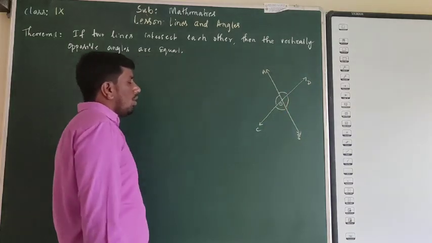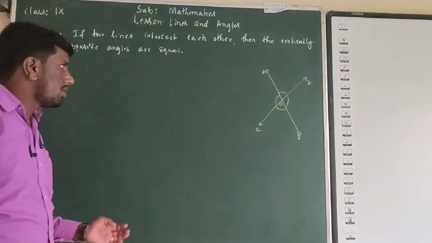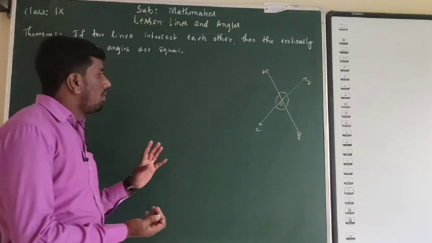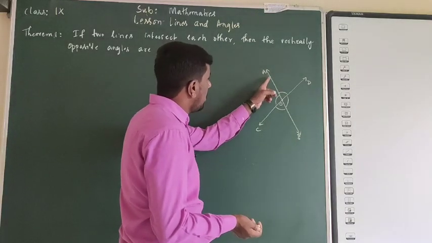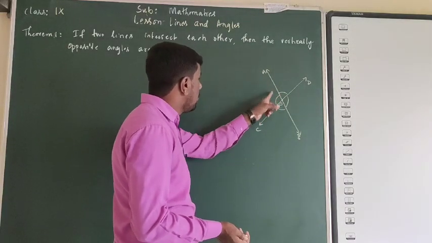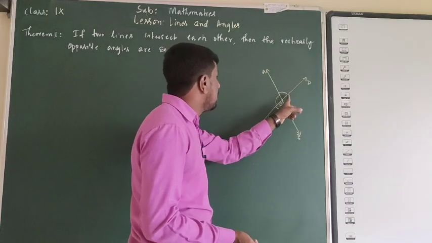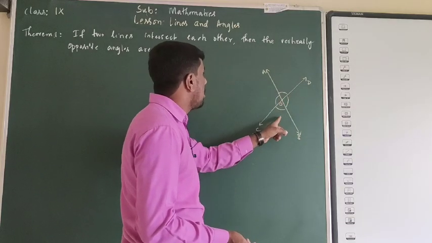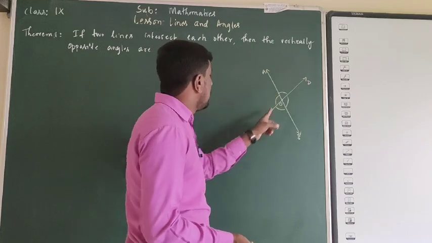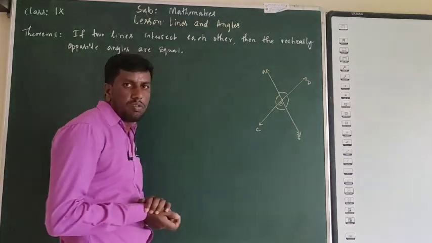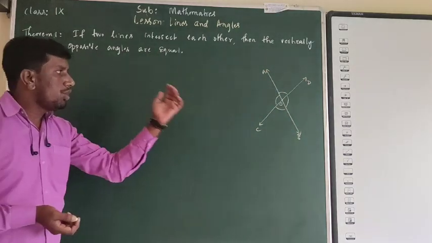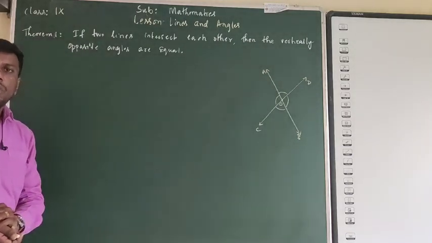Out of these 4 angles, vertically opposite angles are equal. Angle AOC and BOD, these two are equal. Then AOD and COD, these two angles are equal. But we need to prove that.